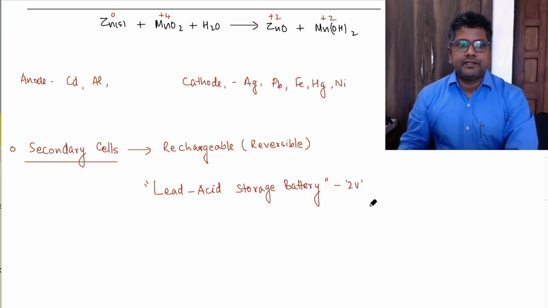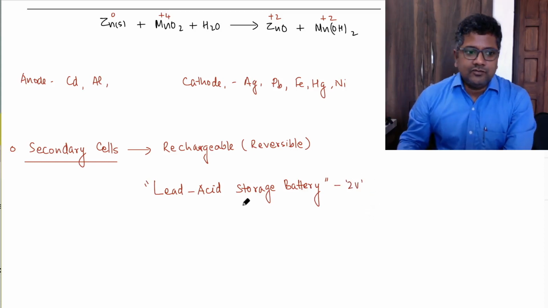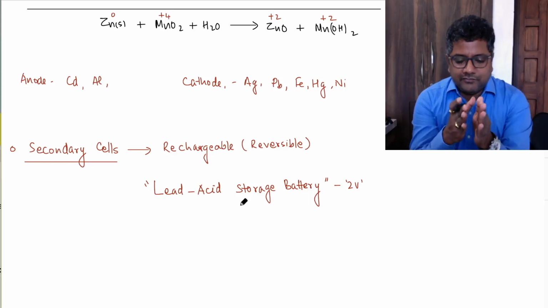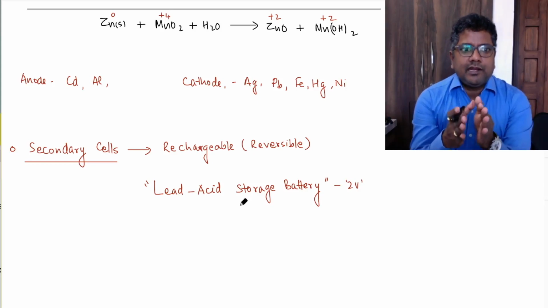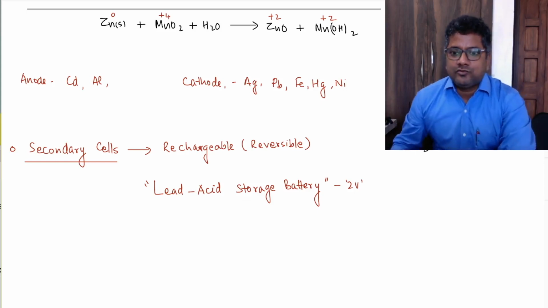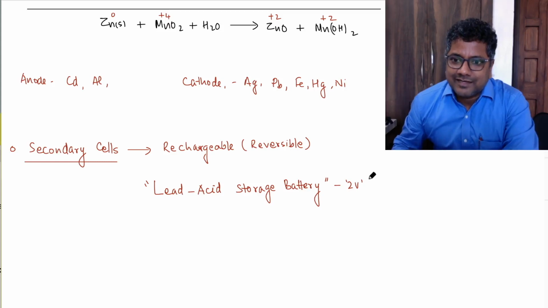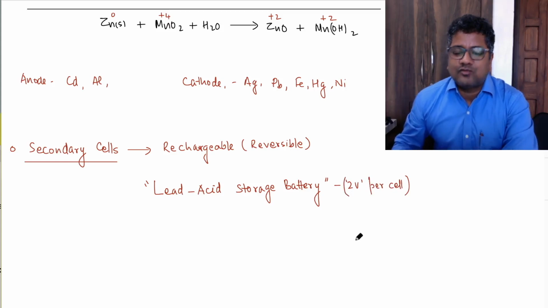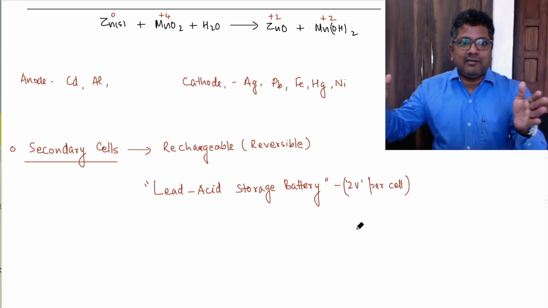And 2 volt typically. So we are adding so many electrochemical cells in series. Each electrochemical cell consists of 2 volt here. So 2 volt per cell, right? Not 2 volt per whole unit.